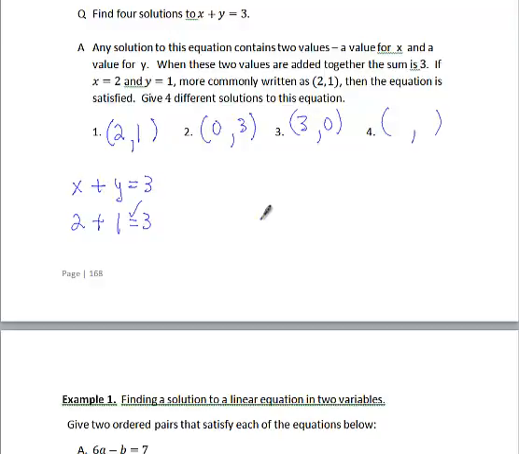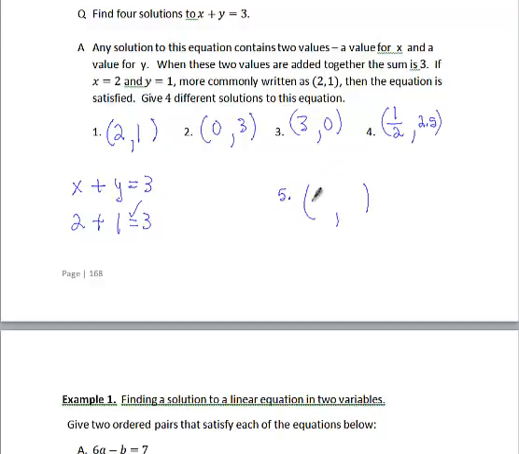And let's see, we could have fractions as a solution. So if I picked a half for x, then I would have 2.5 left for y, because these two have to add to give us 3. And for a fifth one, I could pick negative numbers.